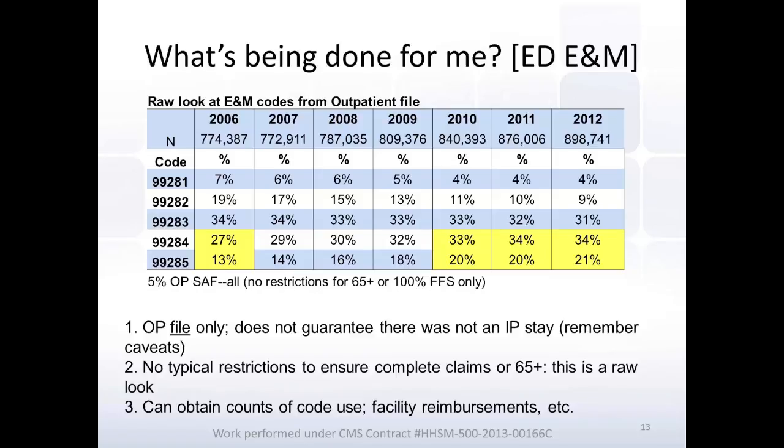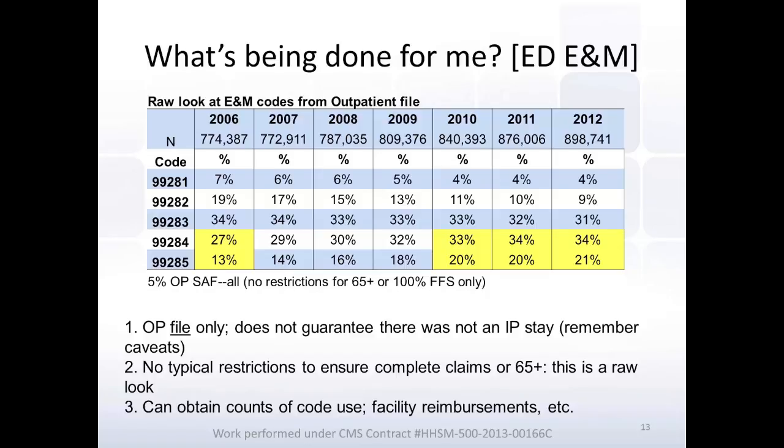This is a bit of a rough look since it's only from the outpatient claims, though of course that doesn't mean people weren't admitted. Remember the caveats. It also is run on the full outpatient file, meaning that the typical restrictions we talked about before, that is 100% fee-for-service only or only 65 plus, are not held here. So again, this is just for example.